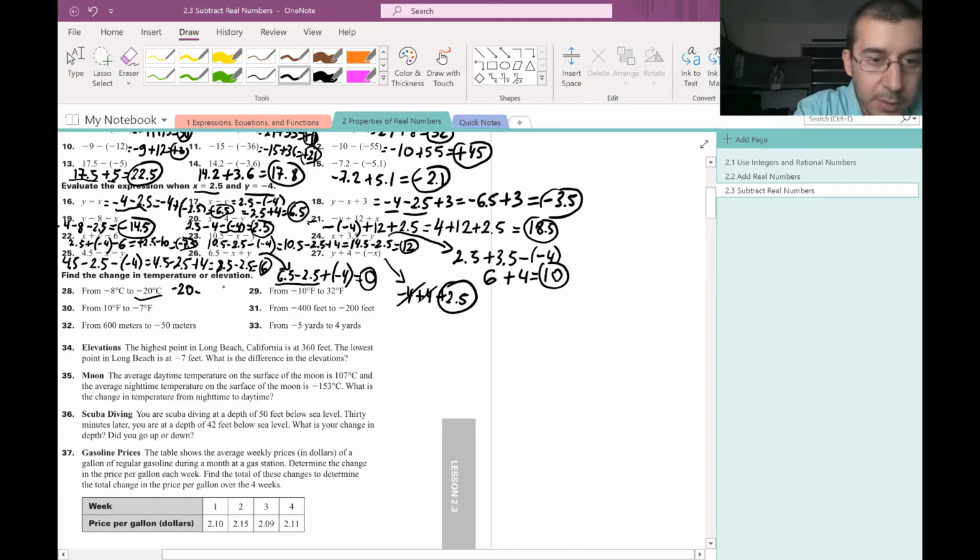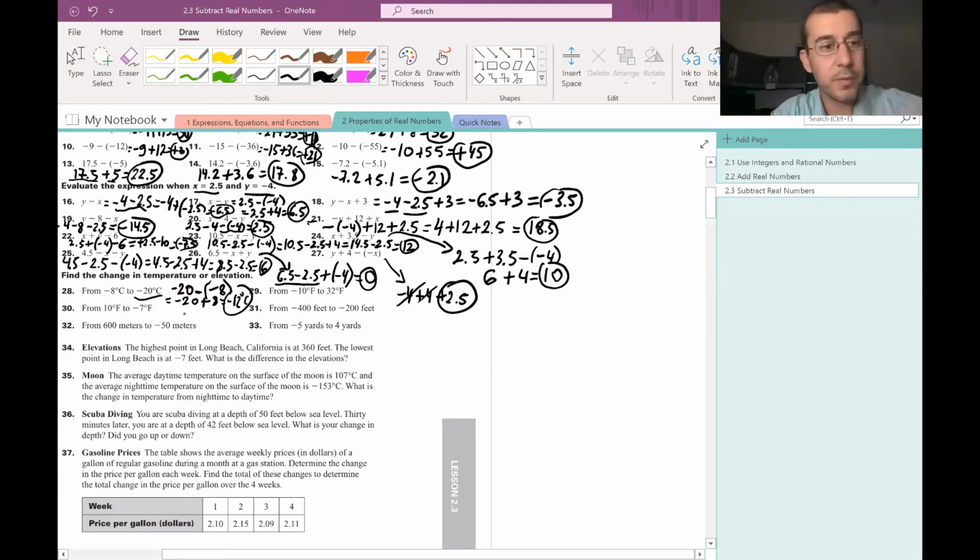Then minus 2 minus signs, that's the plus sign, right? So this is minus 20 plus 8, or minus 12. So minus 12 Celsius is the answer for 28.